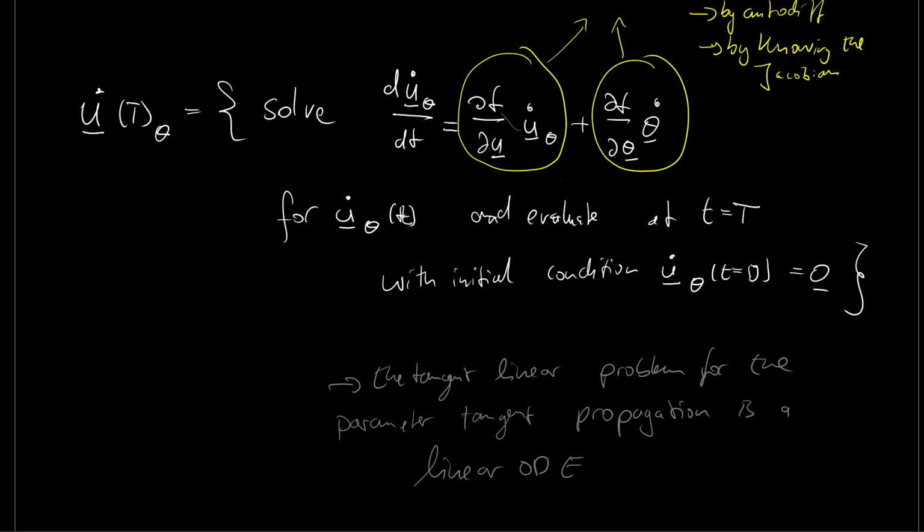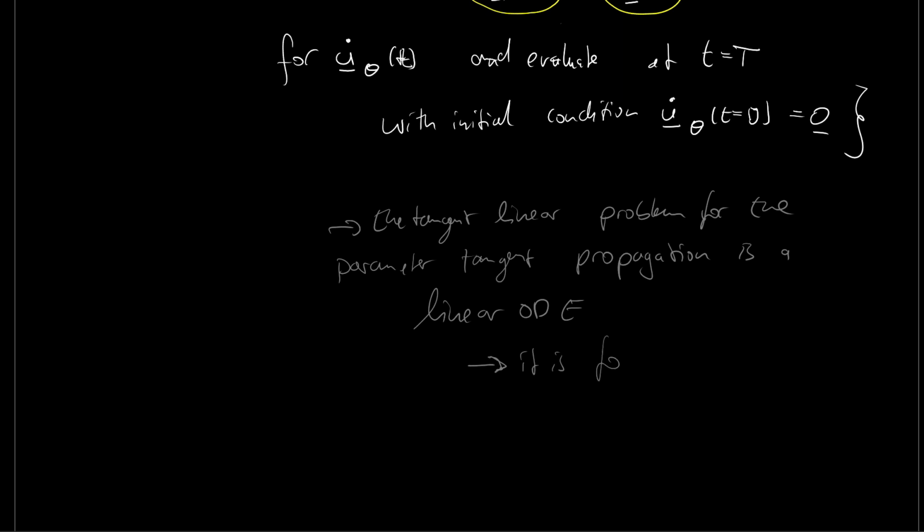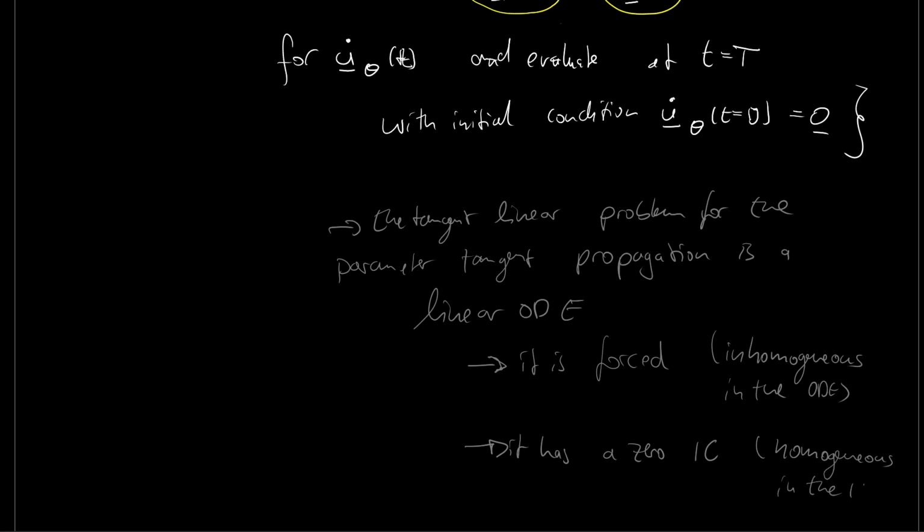So in that case, it is forced. It is forced, or one could also say it is inhomogeneous in the ODE. And it has a 0 initial condition, so a 0 IC, which means it is homogeneous in the initial condition.